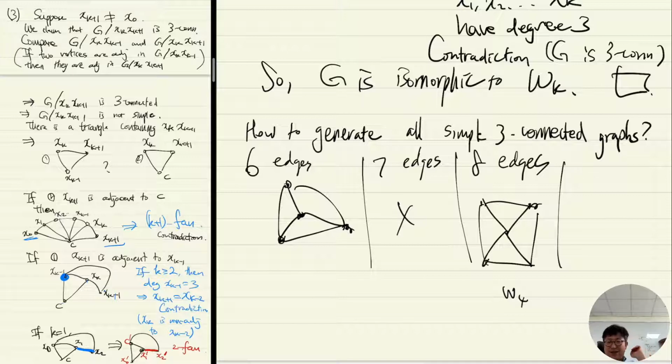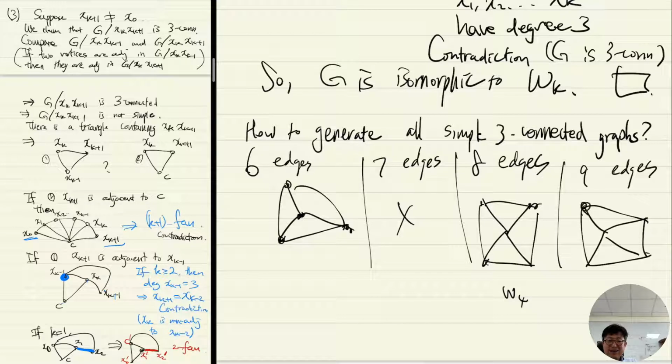How about 9 edges? You add again, this is the only 9-edge simple 3-connected graph. There's no other choice. What about 10 edges? Now we are seeing more than one example.